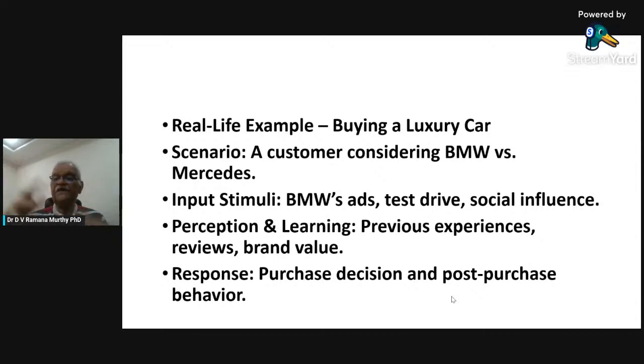If it is positive, he is a completely satisfied customer, and he will be propagating about this product like the BMW car to his friends, relatives, and to people of that particular social category. If there is a negative experience by chance, then the entire thing gets reversed. He will say all bad words about BMW out of his post-purchase behavior.